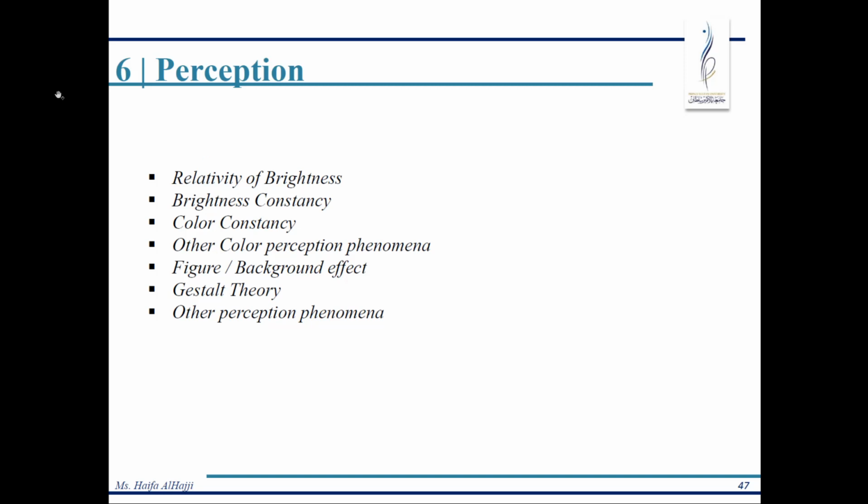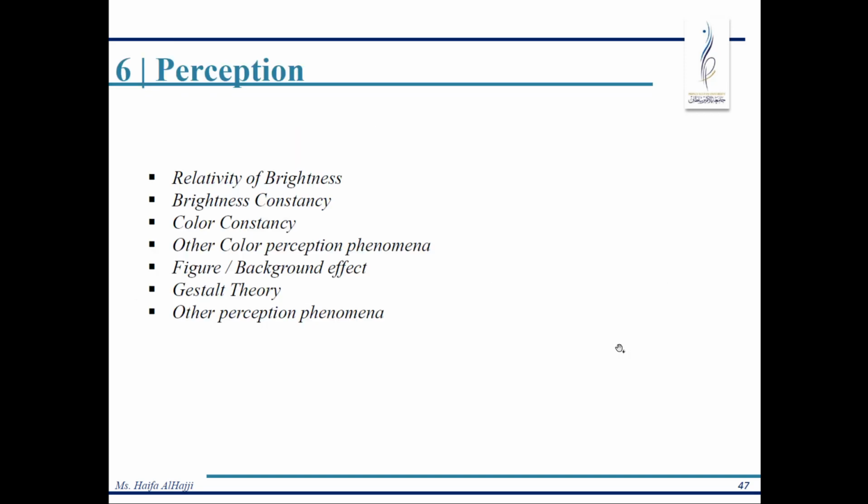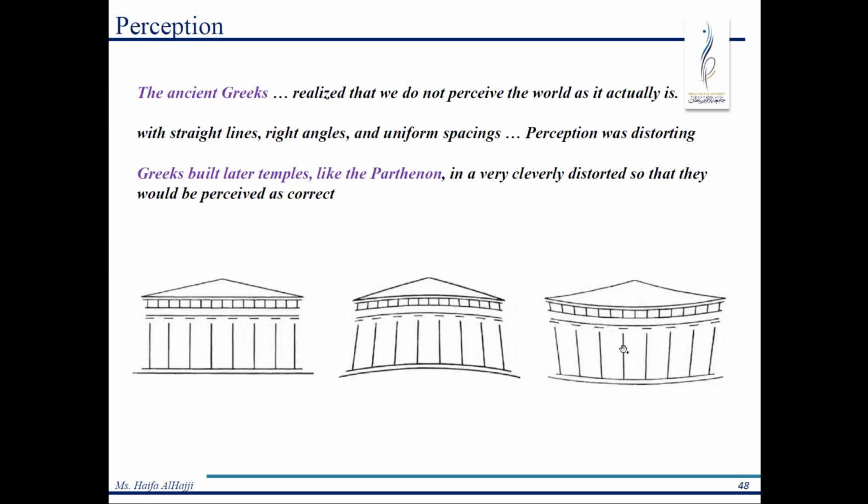As we can see, the most important one is the relativity of brightness. Then these two are things where the brain tricks the information taken from the eye into understanding the environment. Now, before we talk about these phenomena, I'm going to talk about how, a long time ago, people used some phenomena to enhance the architecture visually.